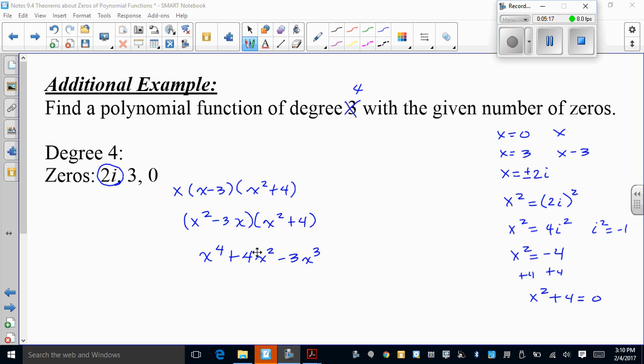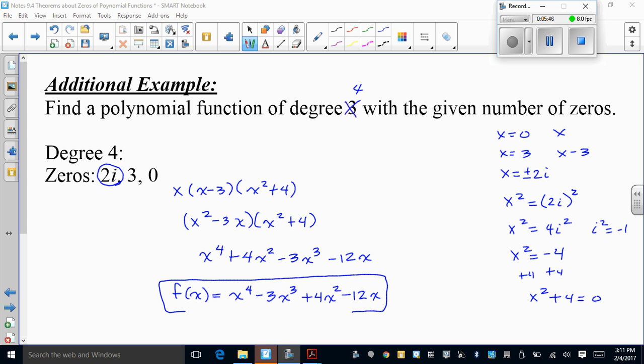And -3x times 4 gives me negative 12x. Only thing I would ask of you from here is to put this in descending order. So f of x equals x to the 4th, which is the power we wanted, minus 3x cubed plus 4x squared minus 12x. And we're done.